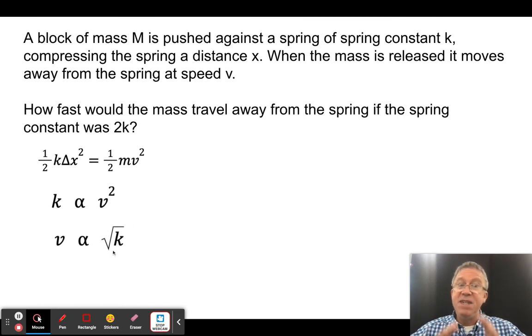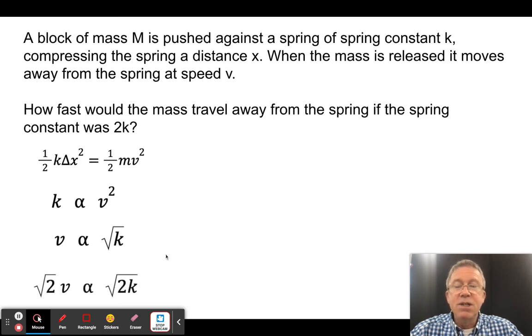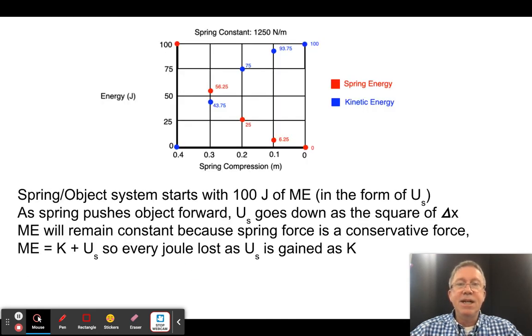You want to just have v is proportional to something. And that something is the square root of k. So therefore, if I double k, I put a 2 here, 2k, under this radical sign. That tells me that if I double k, the velocity is going to go up by the square root of 2.